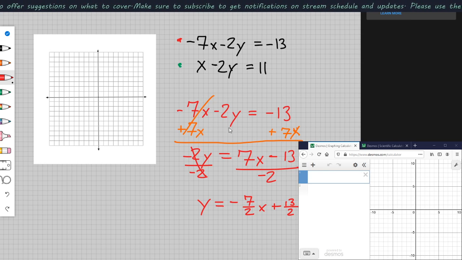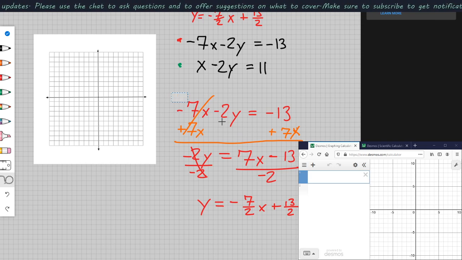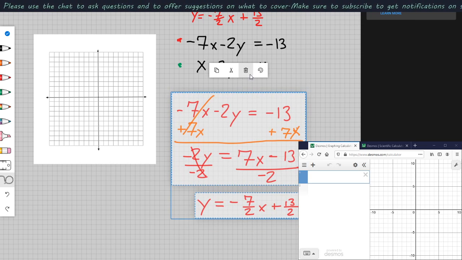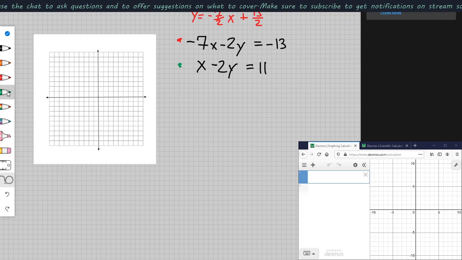I'm going to write this above, just so we know what we're dealing with. Then I'm going to erase this bottom portion, delete, and start solving for this one.